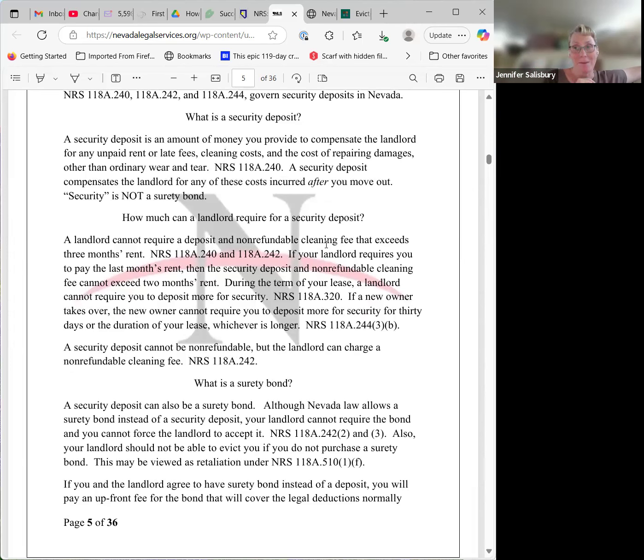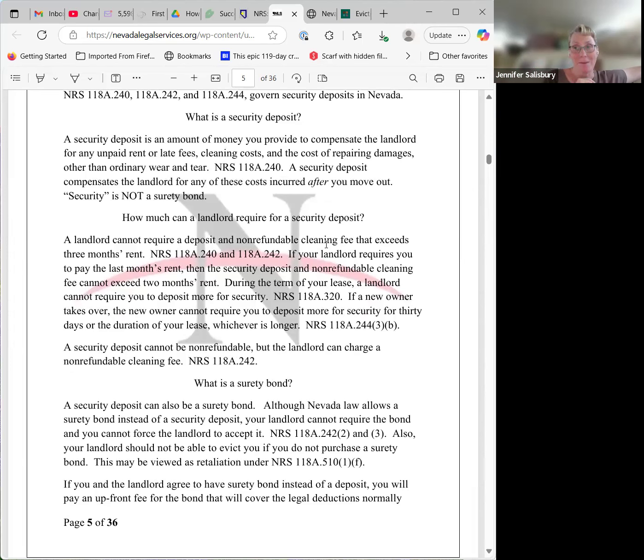If your rental is, let's say, $2,500 and they want 3 months rent for security fees, $7,500. Wow, that's a lot for a security deposit. But the security deposit cannot be non-refundable, meaning it has to be refundable, but the landlord can charge a non-refundable cleaning fee.